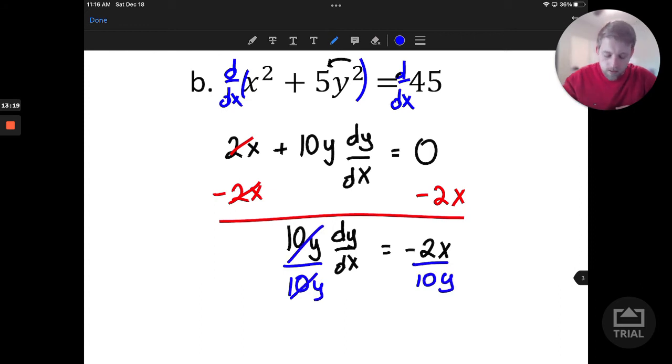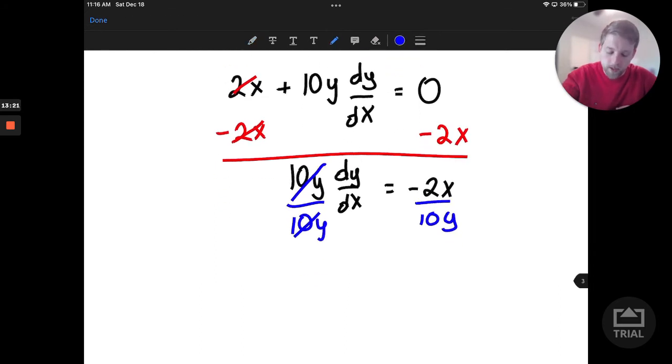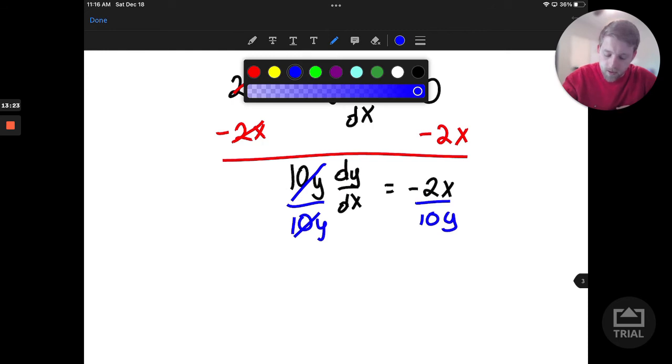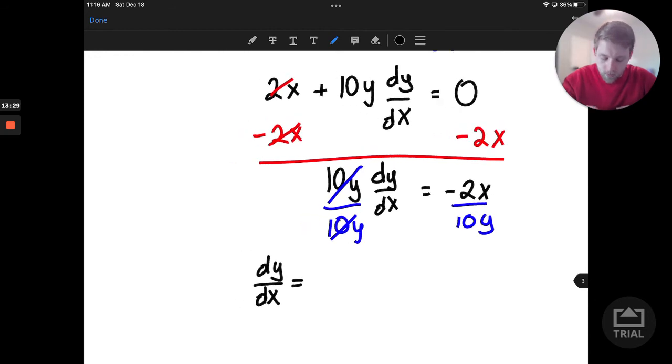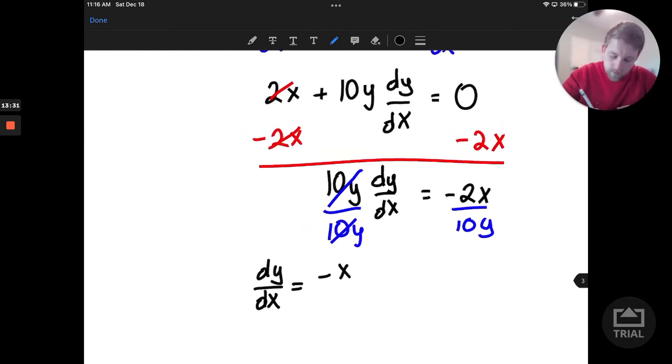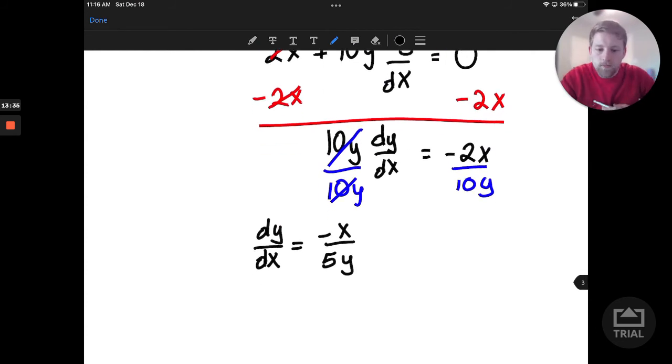And it looks like our dy dx term, we can simplify here, is still dependent on x and y. And if we reduce this, we'll have negative x over 5y for our general derivative dy dx.